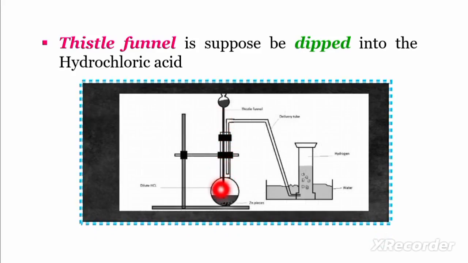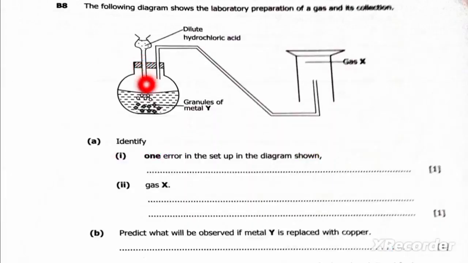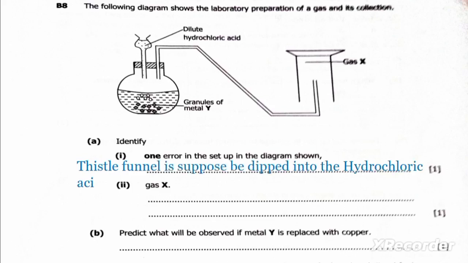The funnel should be dipped in liquid like this one. We can see that here the funnel is just hanging above the liquid. So we are going to say the funnel is supposed to be dipped into the hydrochloric acid.